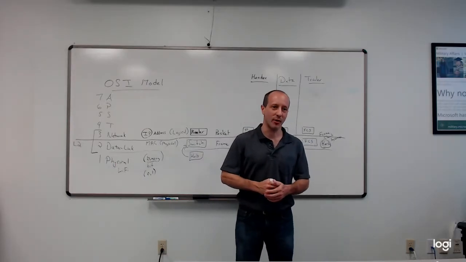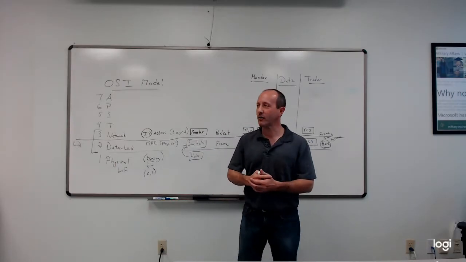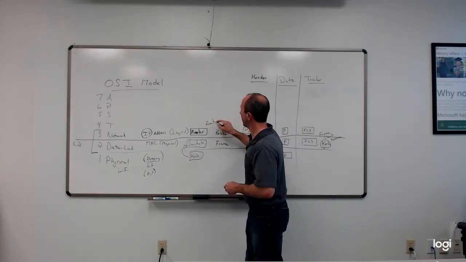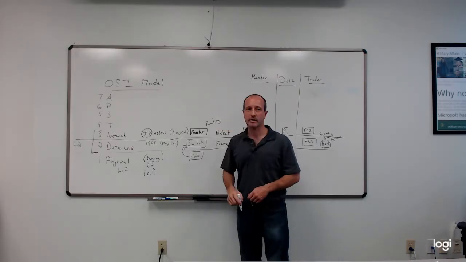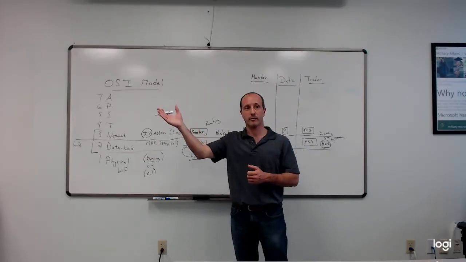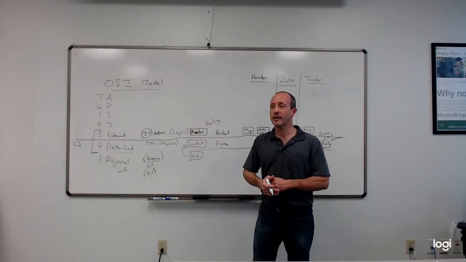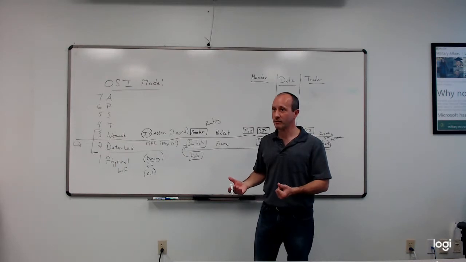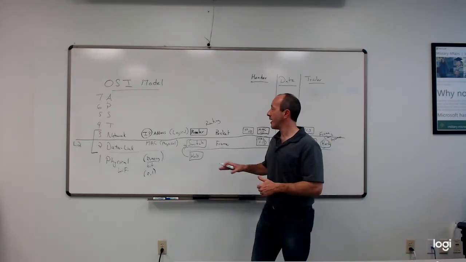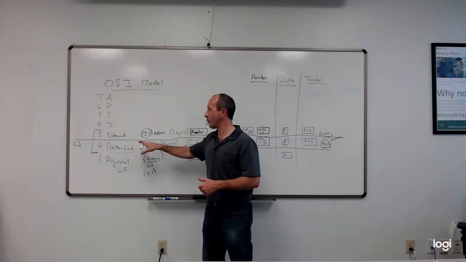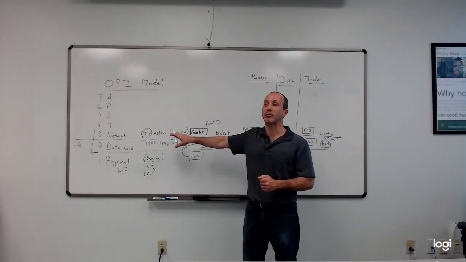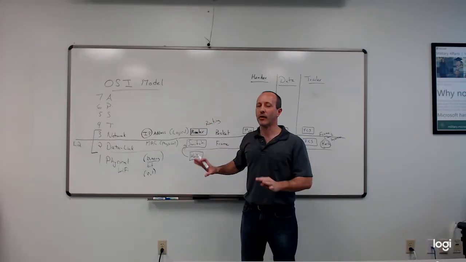You may be asked a question as to which layer does routing take place. Routing meaning to send data from one network to another. And depending on who's asking that question, depends on what they know. But because the router is associated with layer 3, routing occurs at layer 3, fundamentally.